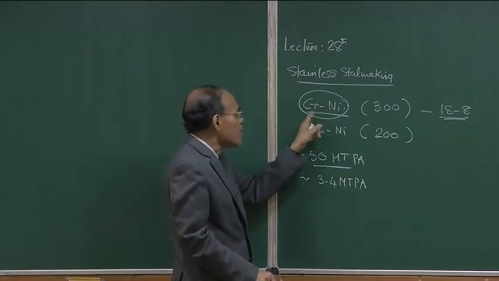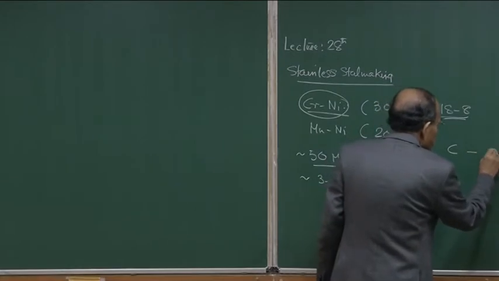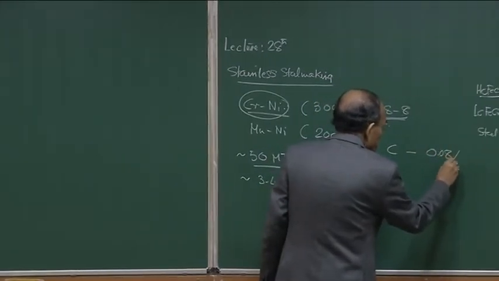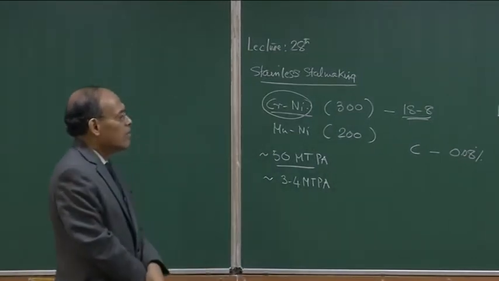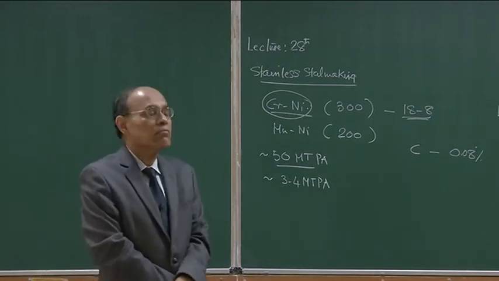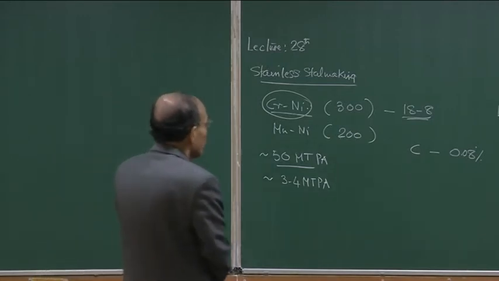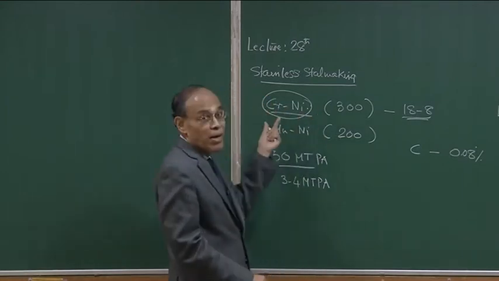Apart from chromium and nickel, we have carbon. What percentage of carbon is in stainless steel? Typically, all stainless steels contain a very low amount of carbon, because chromium is a strong carbide forming element.